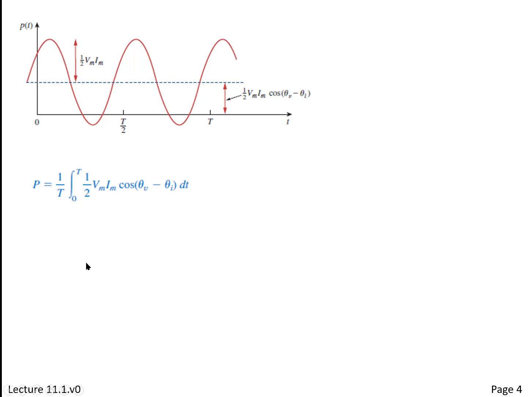We have to deal with my pen that doesn't want to be a pen anymore. Wants to revert to a cursor. So this is not the complete power. All I did was take the instantaneous power equation and say, if I want the average power, I have to calculate the average.